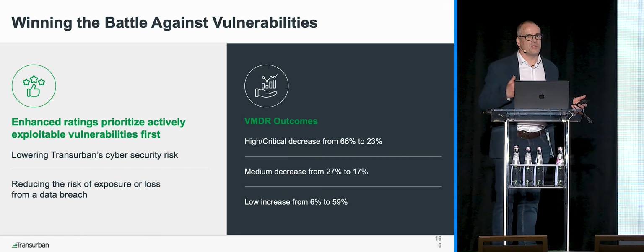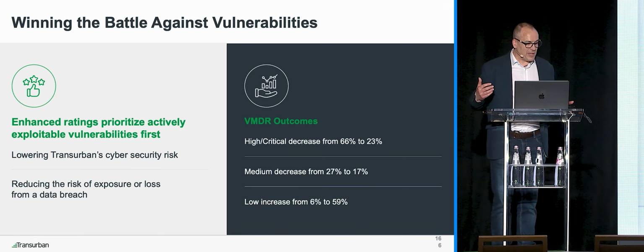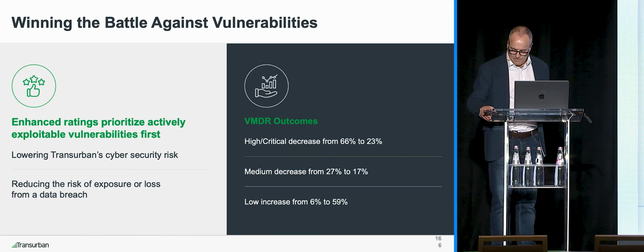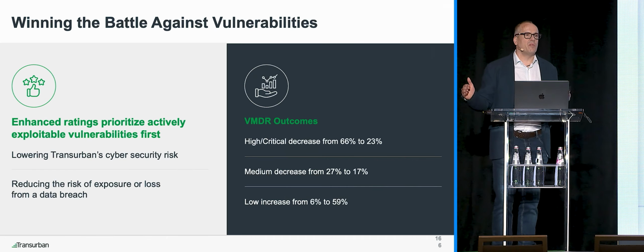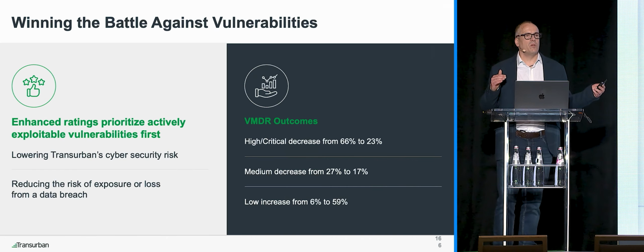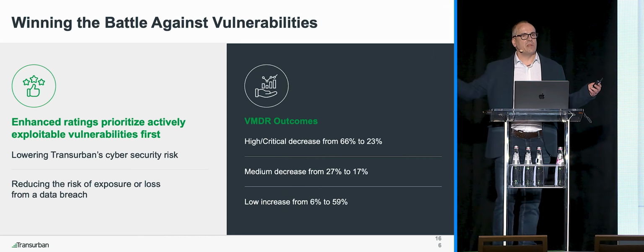This really helps us, and what we're trying to sell from a security perspective to remediation teams. As I shared before, QDS does a much better job of rating actively exploitable vulnerabilities rather than theoretical.